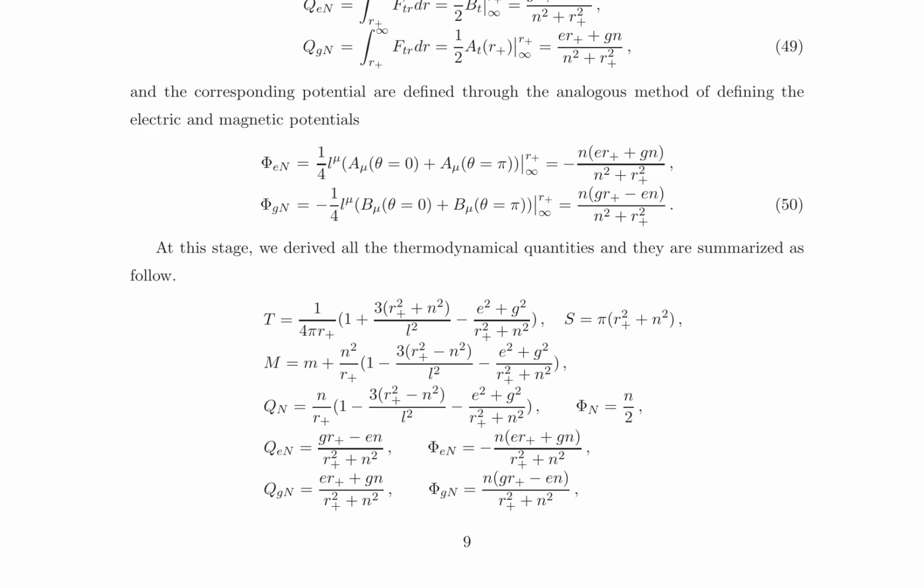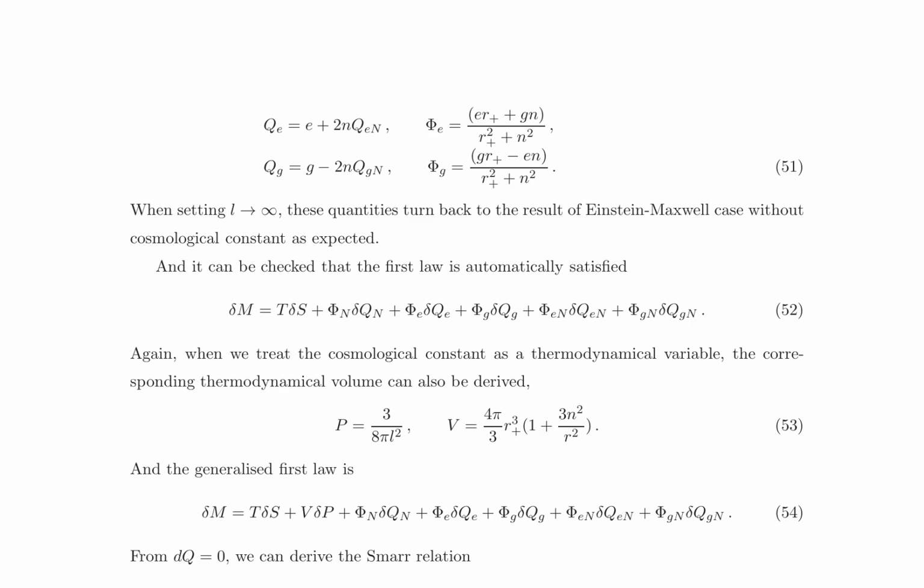When the cosmological constant is treated as a thermodynamic variable, the corresponding thermodynamic volume V equals 4 pi over 3 r_plus cubed plus 1 plus 3 n squared, r_plus squared is derived, leading to the generalized first law: delta M equals T delta S plus V delta P plus phi_n delta Q_n plus phi_e delta Q_e plus phi_g delta Q_g plus phi_en delta Q_en plus phi_gn delta Q_gn.